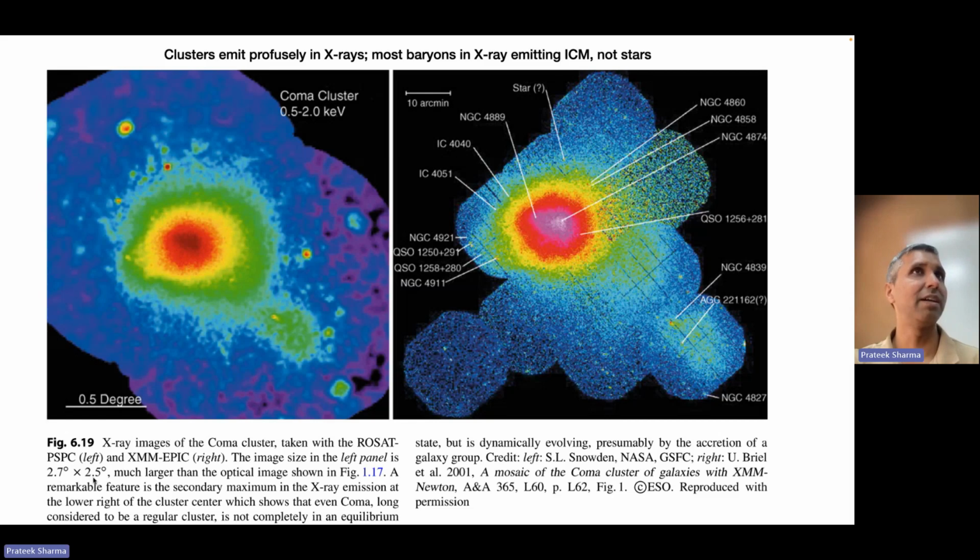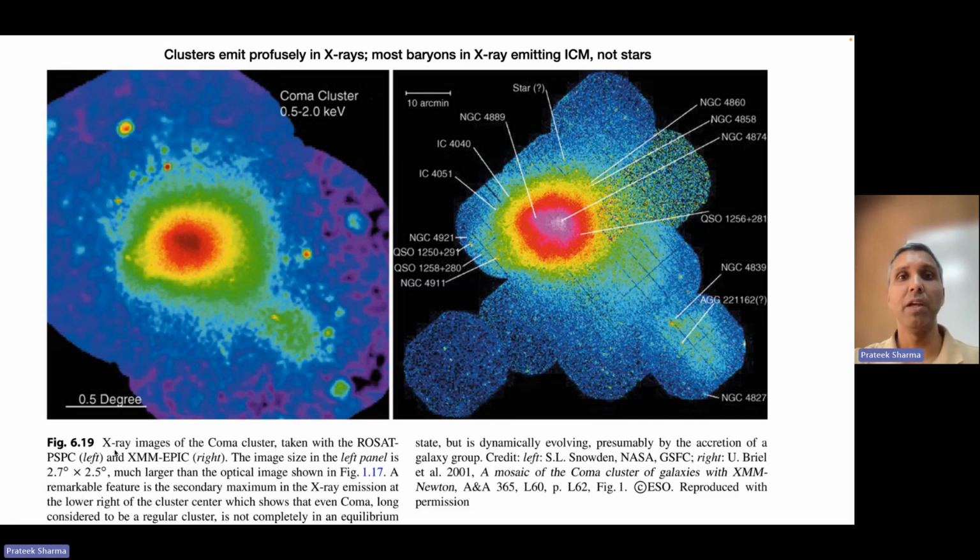It's 2.7 degrees by 2.5 degrees. In comparison, the moon is half a degree in the sky. So if you had X-ray eyes, you would see this like 10 times the size of the moon in the sky. So these are very big objects, especially if they are nearby.